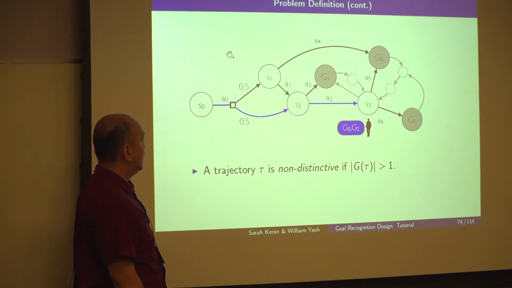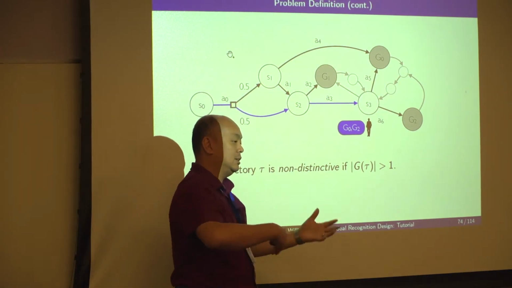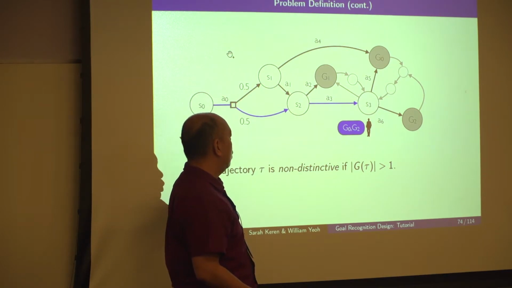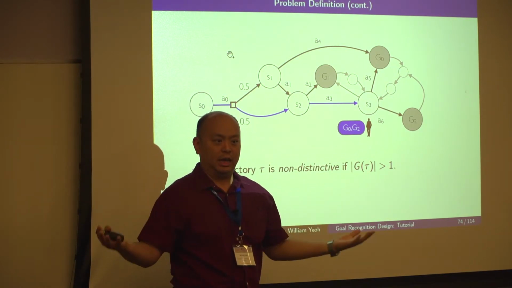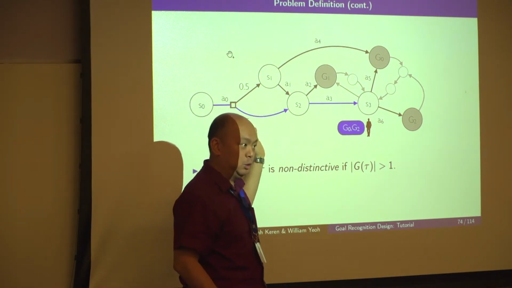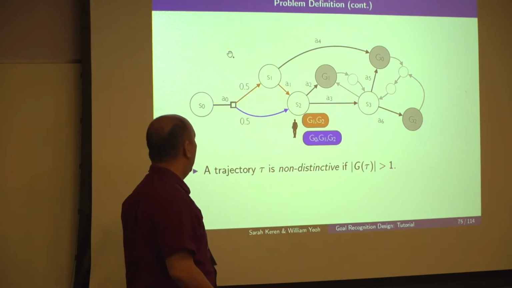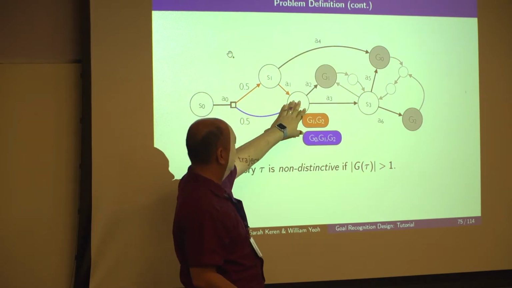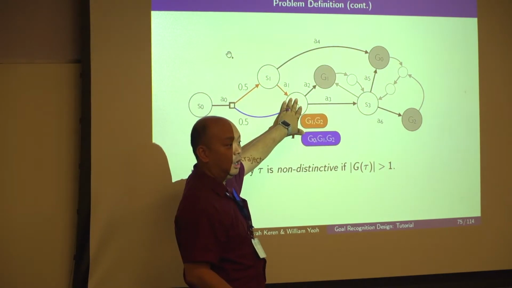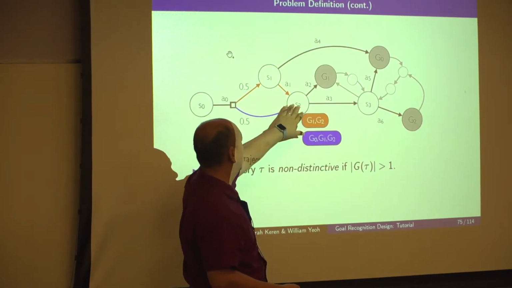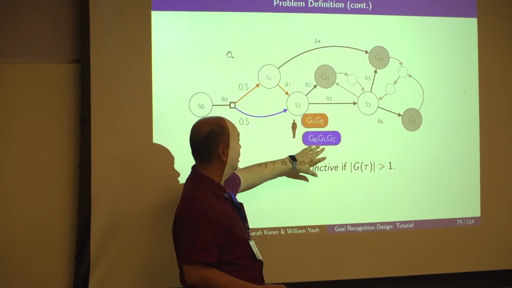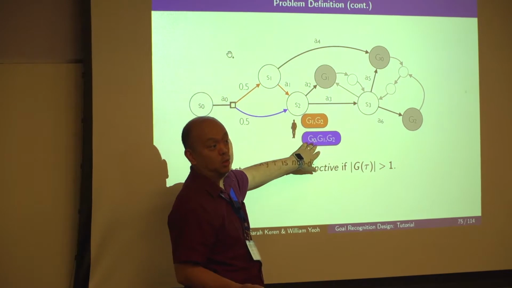So now you can see that the sequence and so on depends on the whole history of the agent, on exactly which path it took. A key observation here is that if you see the agent is in S2, and you didn't know how it got to S2, whether it went this way or went downwards, you can't tell whether the goal is this one or this one. It could be both of them.